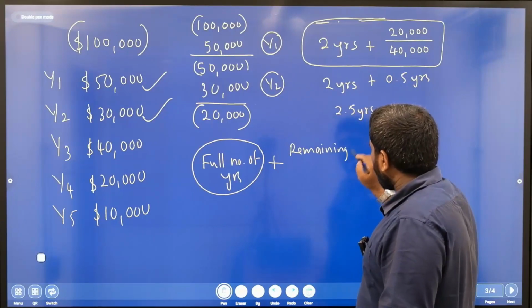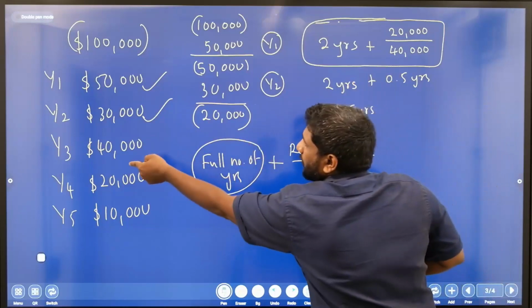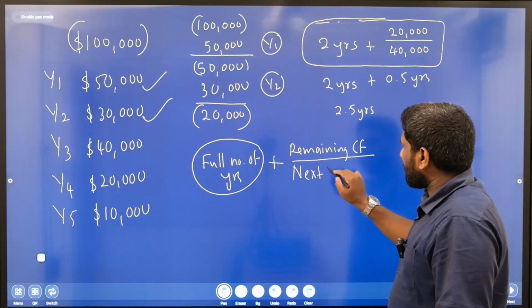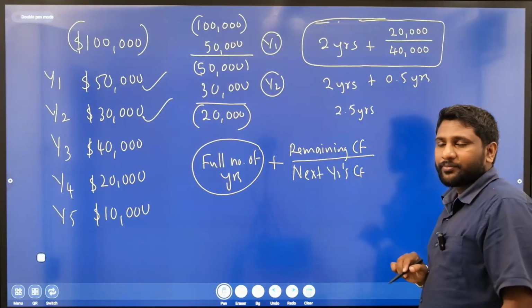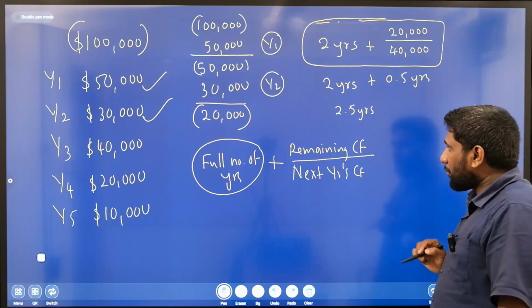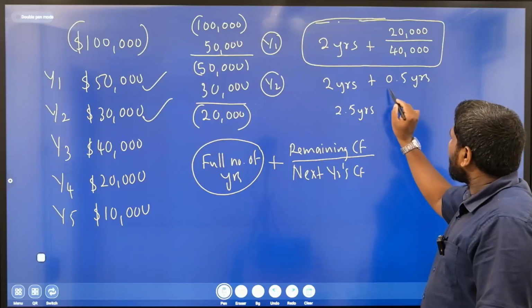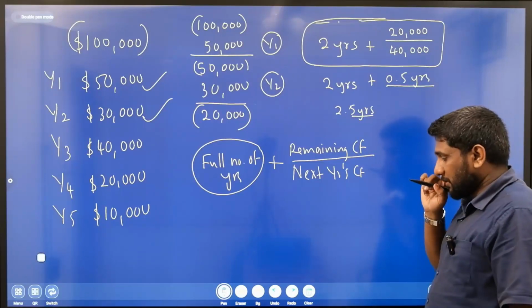Remaining cash flow divided by 40,000. 40,000 is the next year's cash flow. And there is another point that you should know. In this question, I calculated the second part in years, 0.5 years.